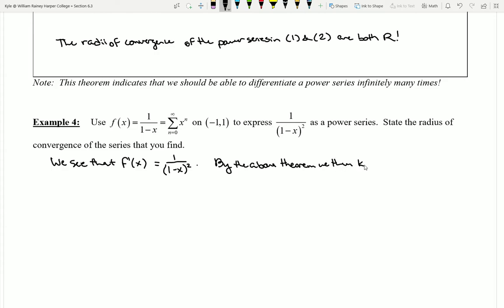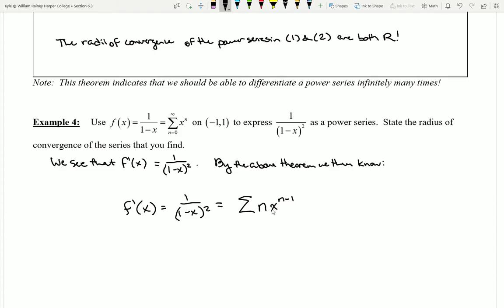And what that means automatically is that by the above theorem, we then know that this f prime of x, which is our 1 over 1 minus x quantity all squared, is actually going to be equal to, and since I started with a function that was equal to this series, and now I just want its derivative, I just have to take the derivative of this series, which is really easy to do, because I would just take the n, bring it down to the front, because that was the power, and then lower the power by 1.